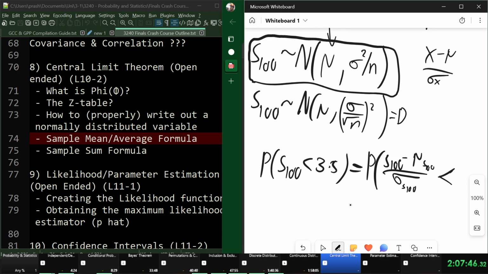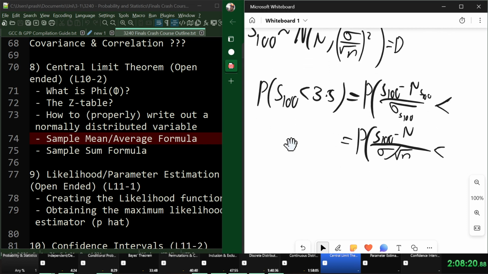I'll write the next part soon, but take note that S100 follows this distribution now. You've got an n to worry about, so that will end up being S100. The mu is the same, fortunately, so just write mu. Now what is the standard deviation of S100? It is the square root of the variance, which is sigma over root n.